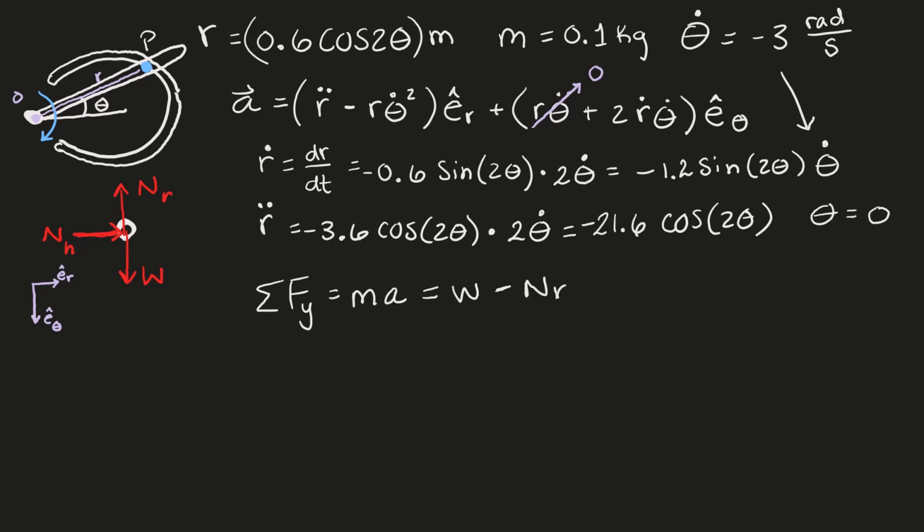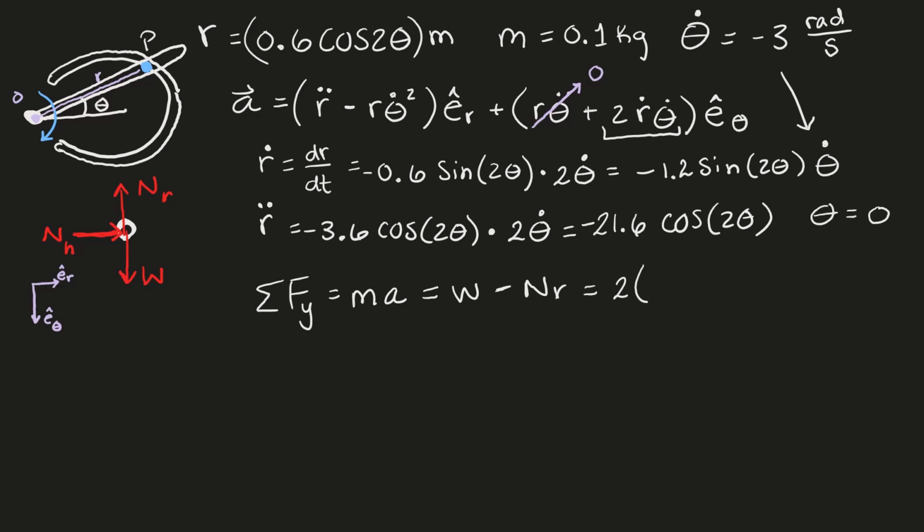The acceleration in the e theta direction is this 2 r dot theta dot.